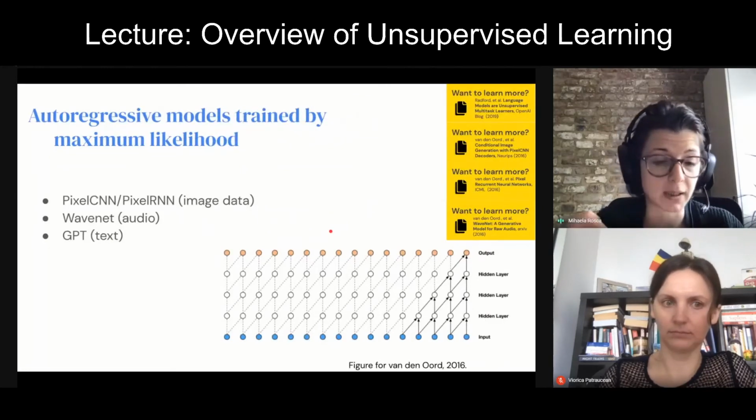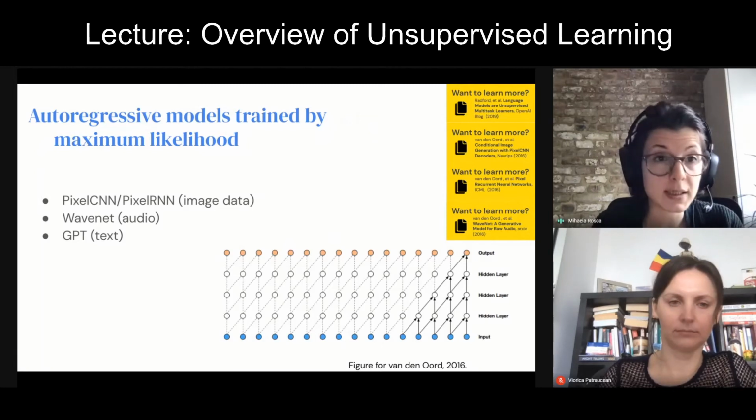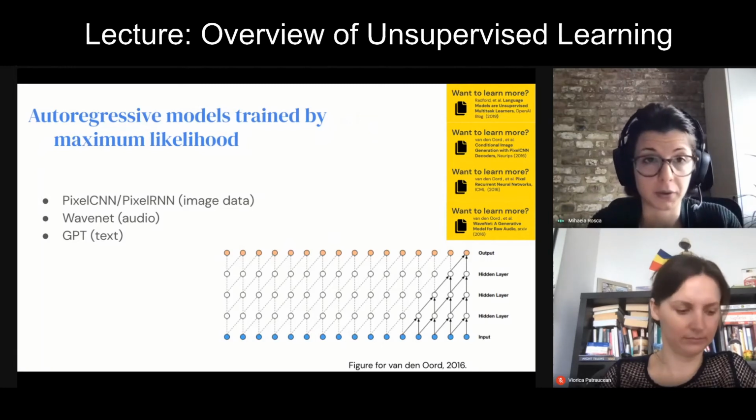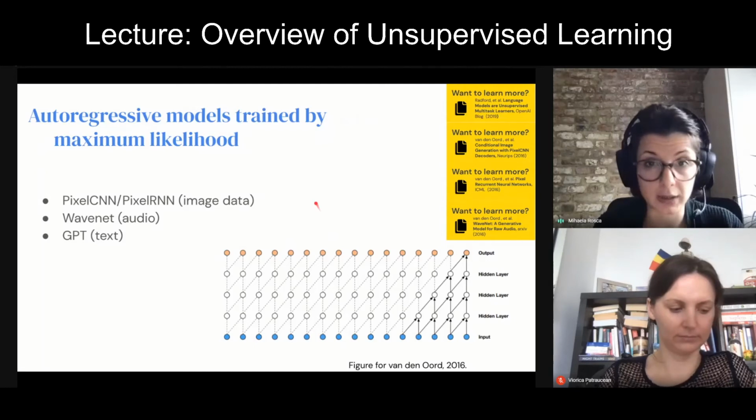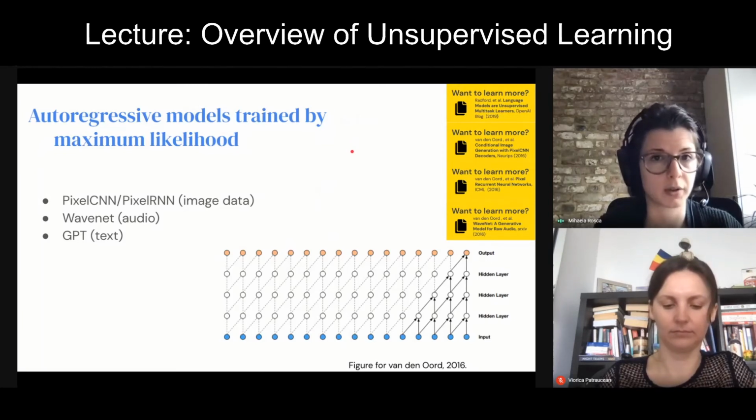Because the maximum likelihood objective requires an explicit model, it requires p theta of x, models that are explicit are often trained by maximum likelihood. It need not be the case, but in practice this is a very fruitful combination, for example, through approaches that use autoregressive models trained by maximum likelihood.